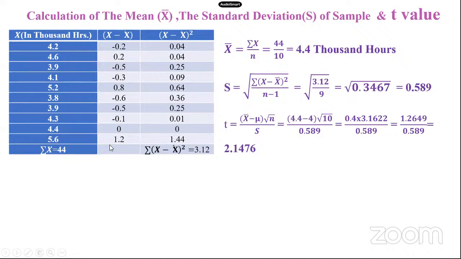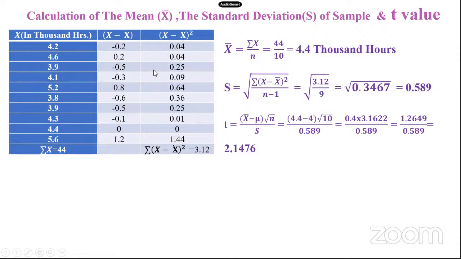Now take the square of these deviations, x minus x bar whole square. Minus 0.2 into minus 0.2 is equal to 0.04, and again 0.04.